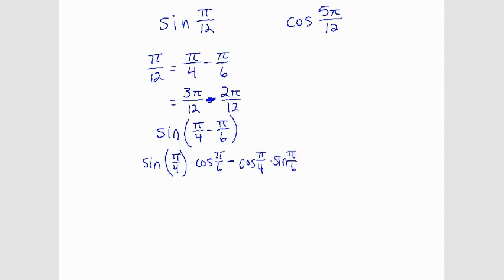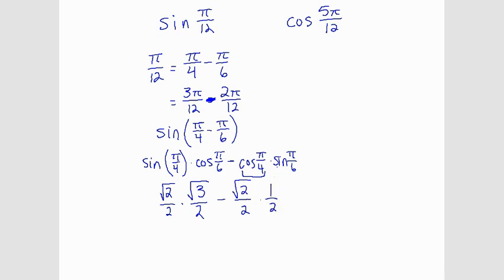Okay, great. Let's go ahead and look at this from the perspective of the unit circle. Sine pi over 4 would be root 2 over 2. Cosine pi over 6, that'd be root 3 over 2. Going a bit further, we have cosine pi over 4. That would be another root 2 over 2. And then sine pi over 6 would be 1/2.